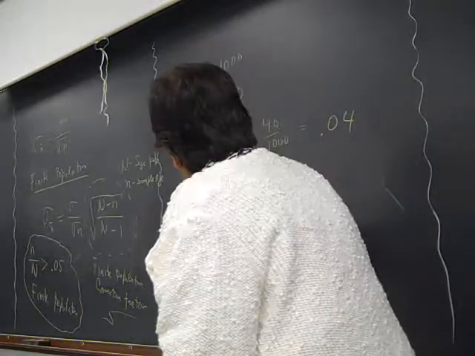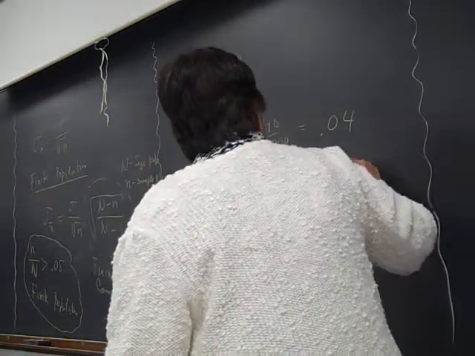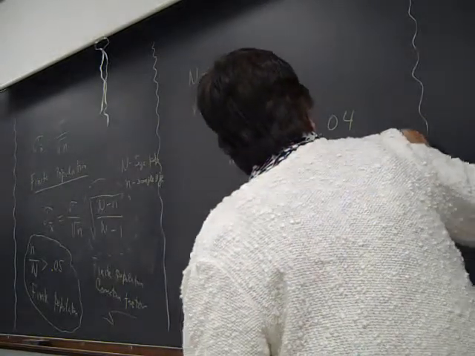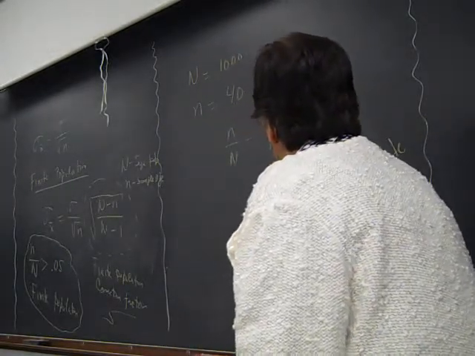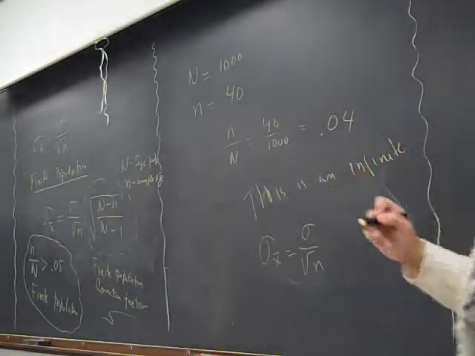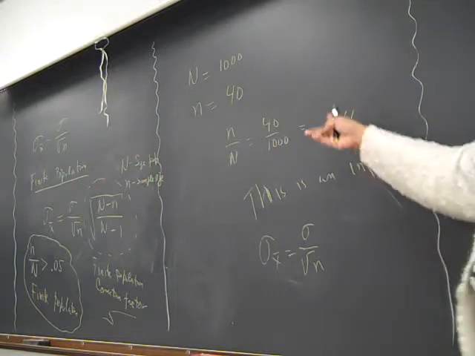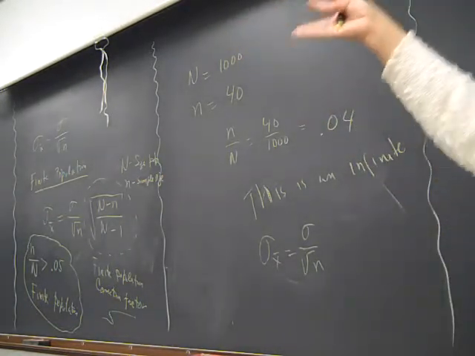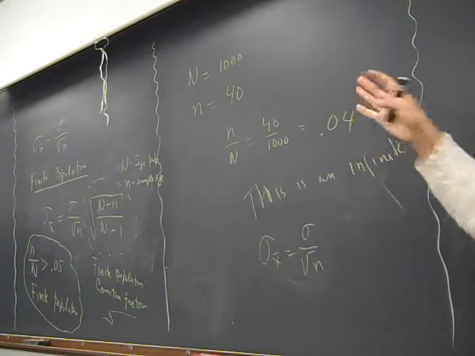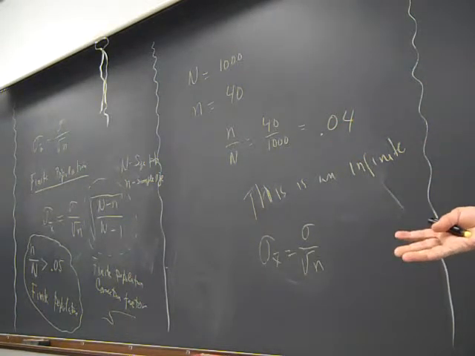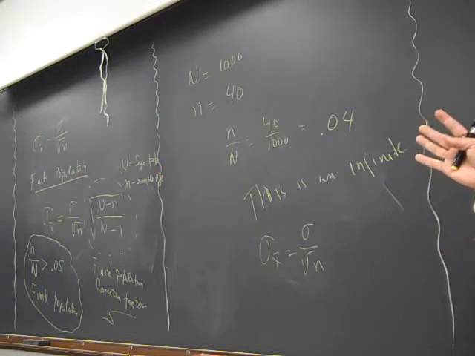No. So this is an infinite population, so sigma of x bar is equal to sigma over square root of n. Why? Because only when the proportion is greater than 5%. In this case, it's 4% or 0.04, so we are going to consider this as an infinite population.